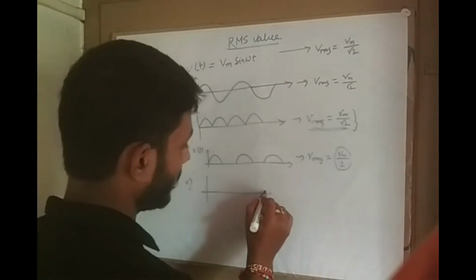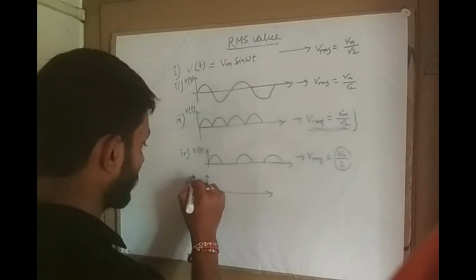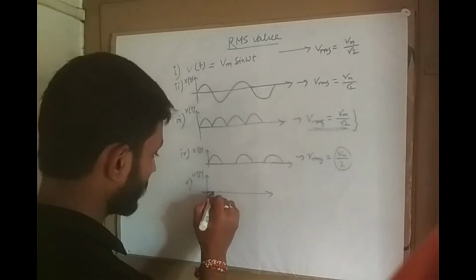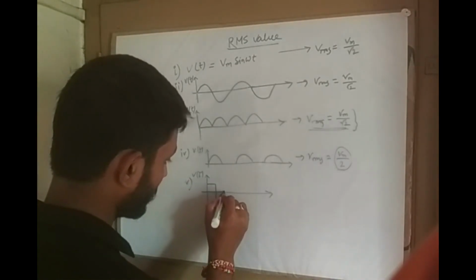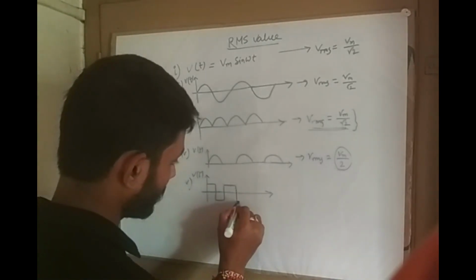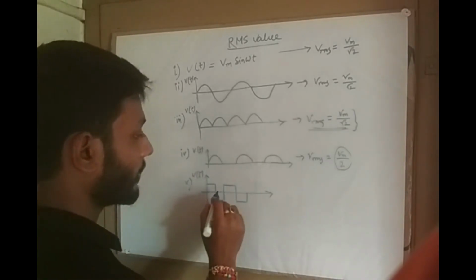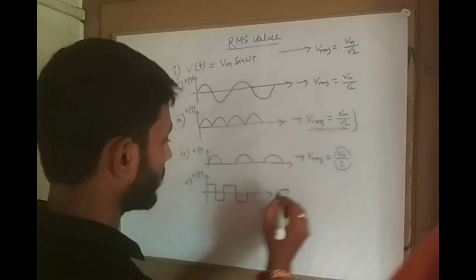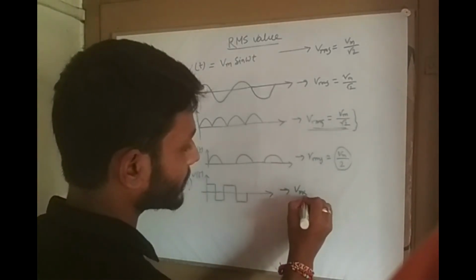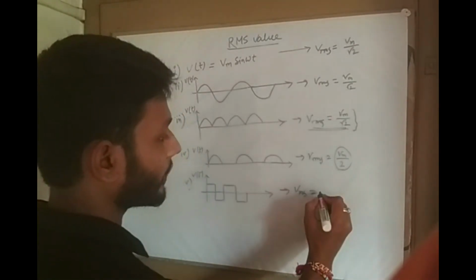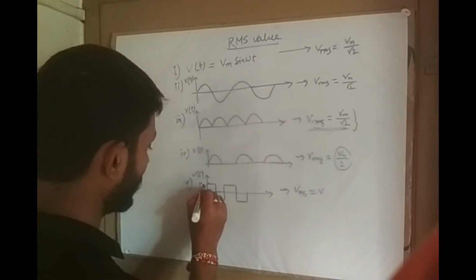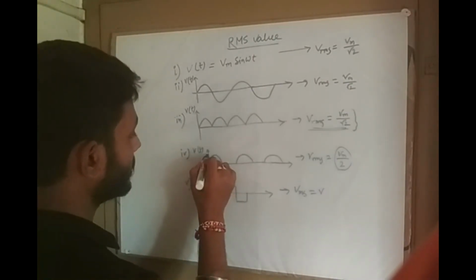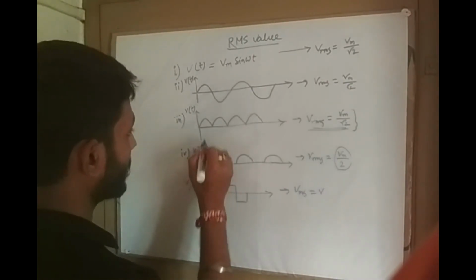The signal may be in terms of square waveform. For this type of square wave, the Vrms value will be nothing but the value of Vm, the maximum value.